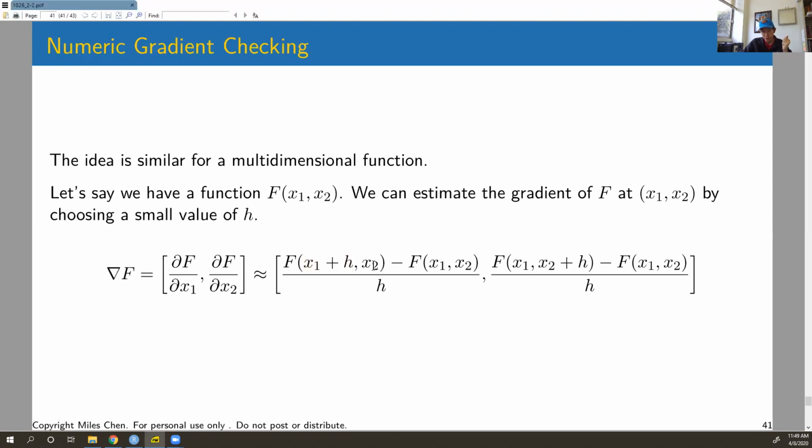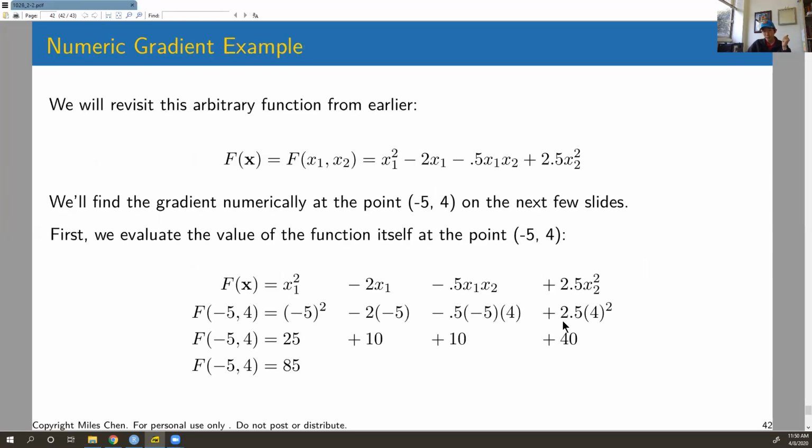I leave x2 unchanged. And as far as the second component of the gradient, I add on h only to x2, and I leave x1 unchanged. That's an important thing. And what we do is ask how much the function changed when I added on a component over here, and how much it changed when I added on the component over here.